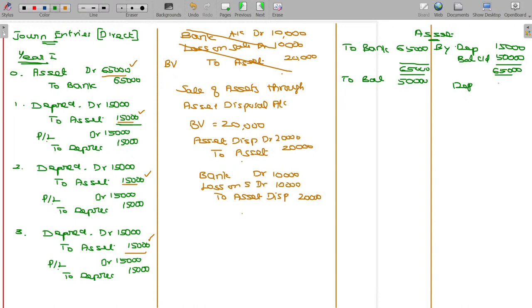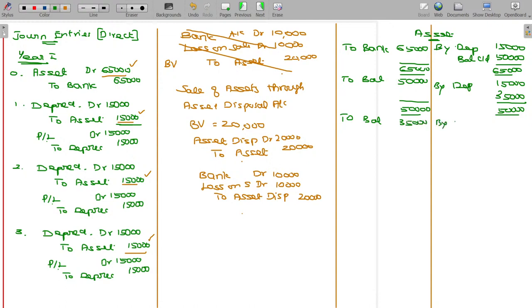Depreciate for the second year the same, another 15,000. At second year end, the value is 35,000 after this year's depreciation, and to balance 35,000.